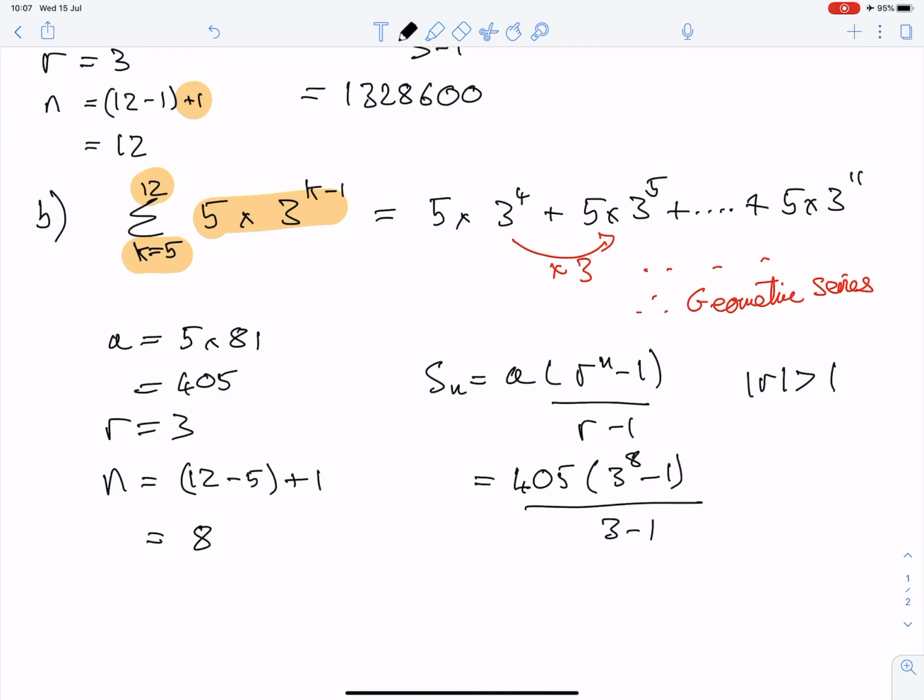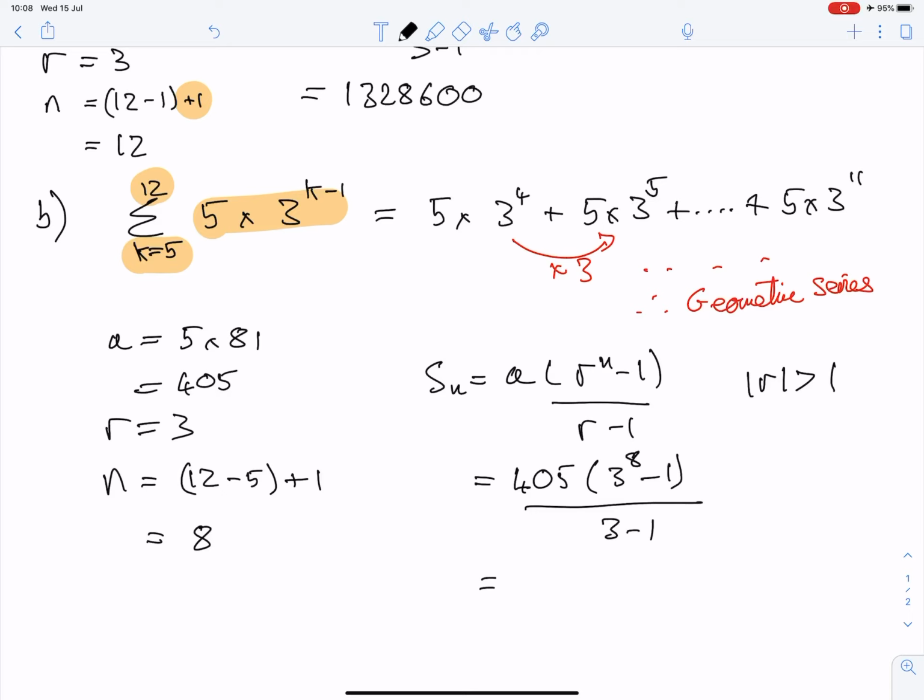Tap it in the calculator, and although we've lost quite a lot of terms, the terms we've lost are from the beginning. It's the first 4 terms. Well, they're the smallest, so the number's still going to be up in the millions. Tap it in the calculator, and it wouldn't surprise me if it's very similar.